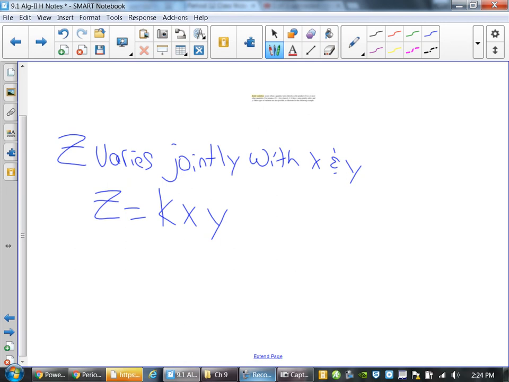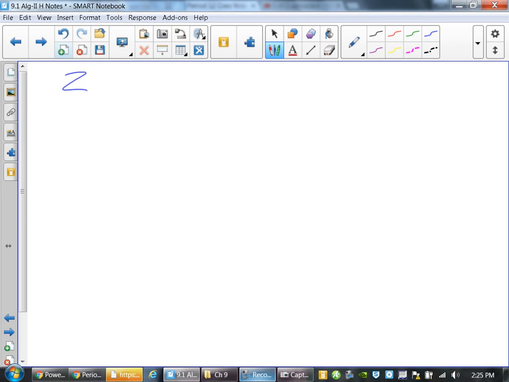Another one that will come up is, let me write this one out. Z varies jointly with x and y squared.